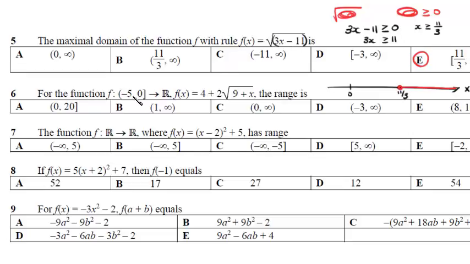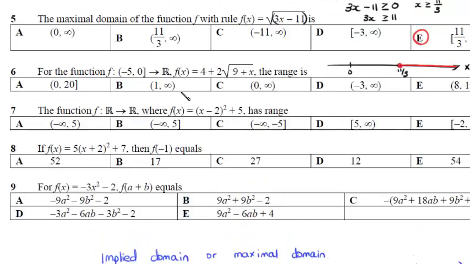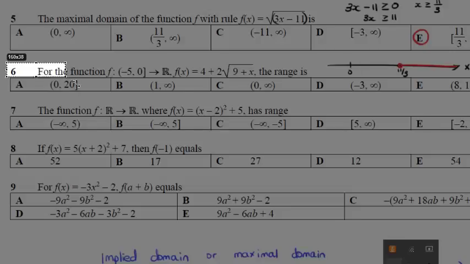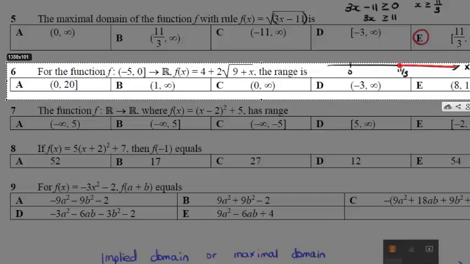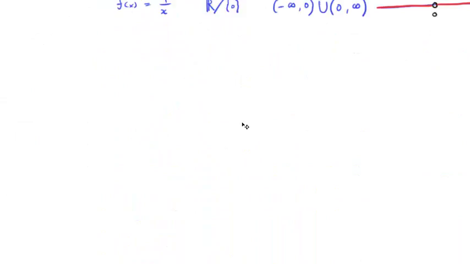Now let's try question 6. Okay, so it might be a bit difficult as well, but we can try. I'll just take a screenshot of this one and move it to the bottom.